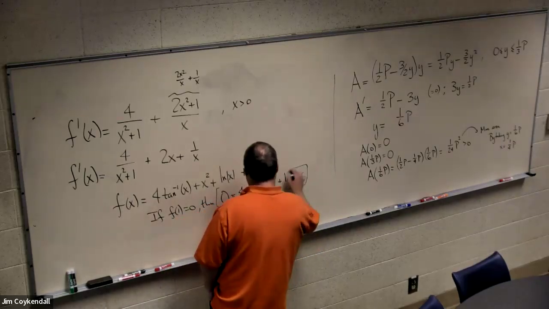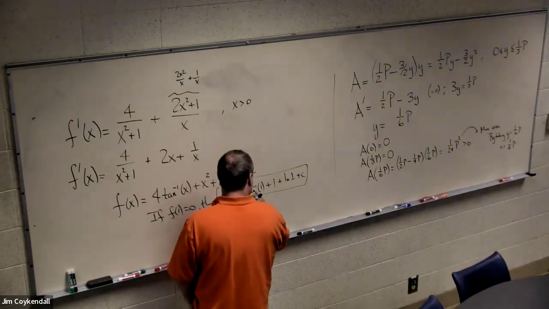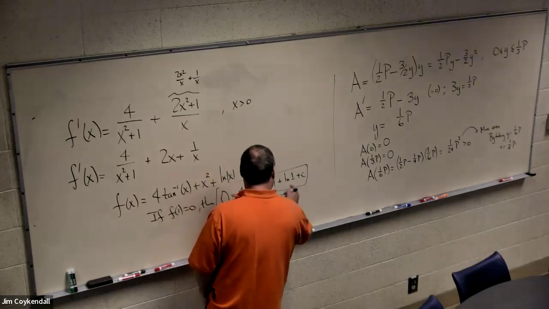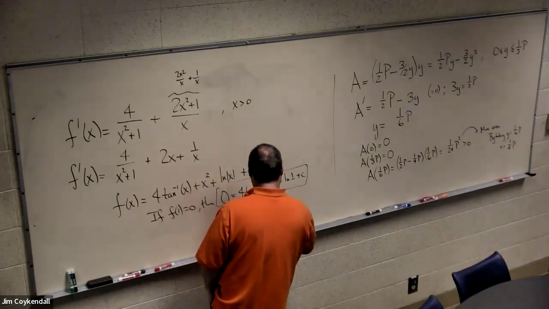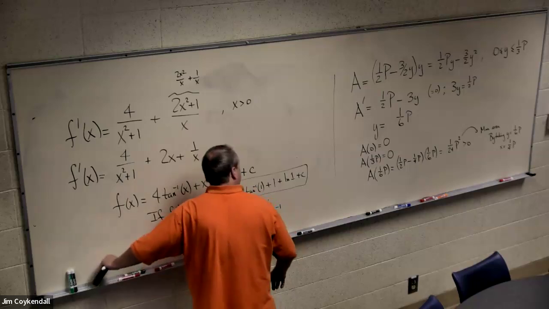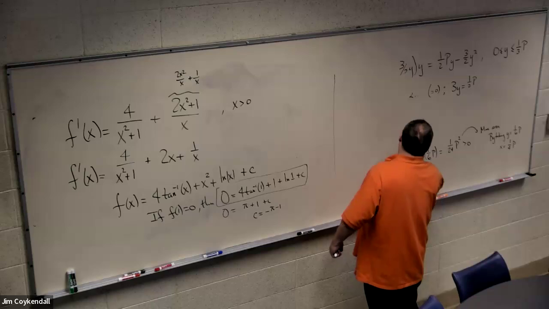Let's see if I can figure out what that is. 0 is, this is pi over 4, so this is 1 plus log 1 is 0, plus c. It's c minus pi plus 1. And the function is in all its glory.